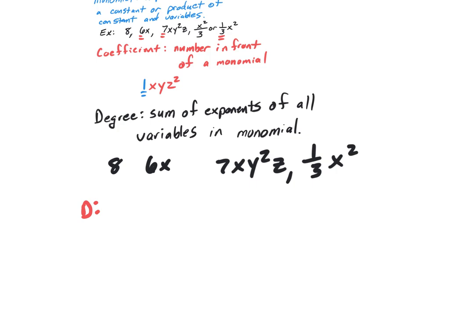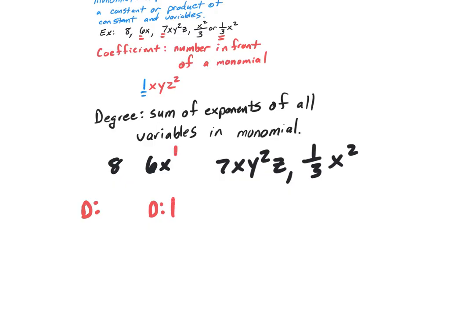Okay, let's start with 6x first of all. 6x, and I'm just going to put D for degree. If there is no exponent, kind of like if there's no number in front, we know that's assumed to be a 1, like we said here. If there is no exponent, that's always assumed to be a 1. So this would be like 6x to the first. So my degree is 1.